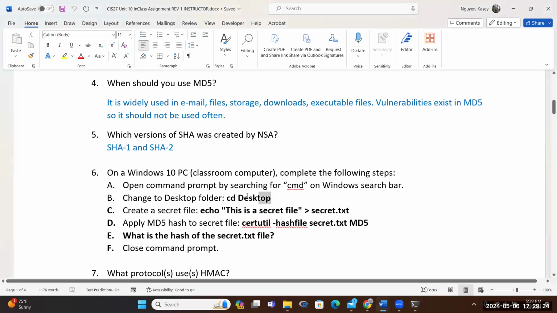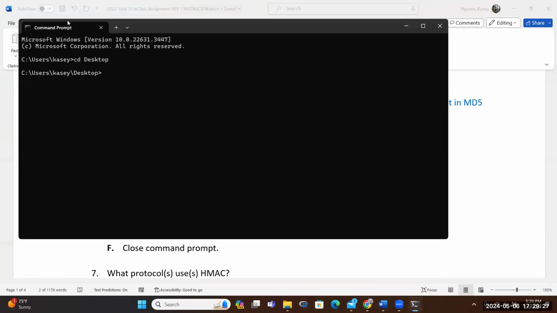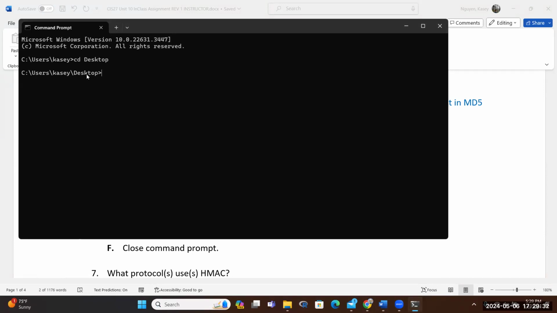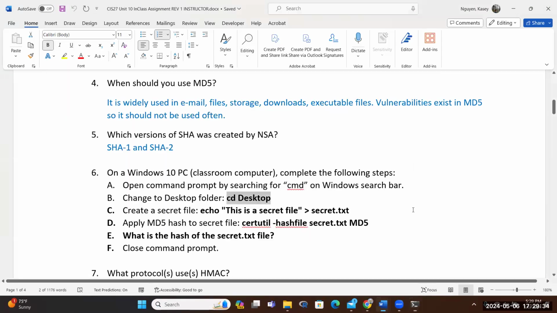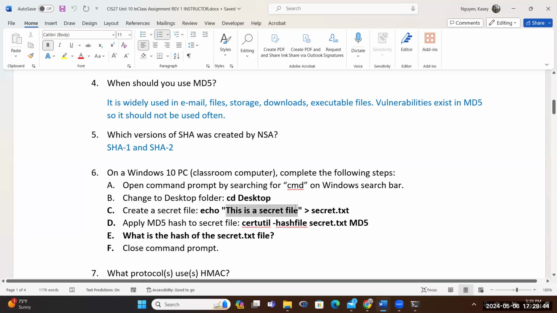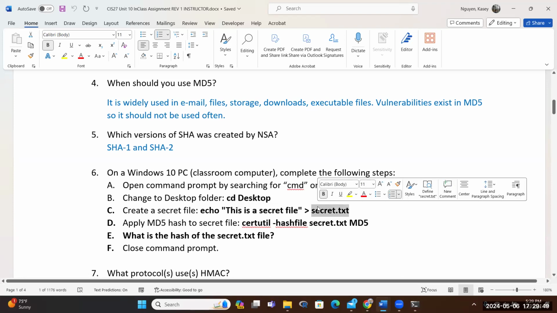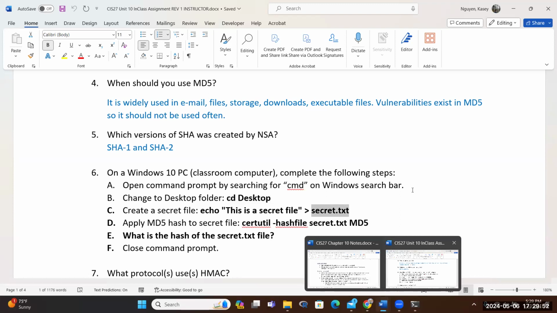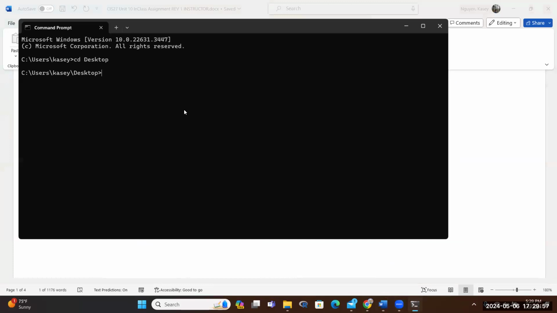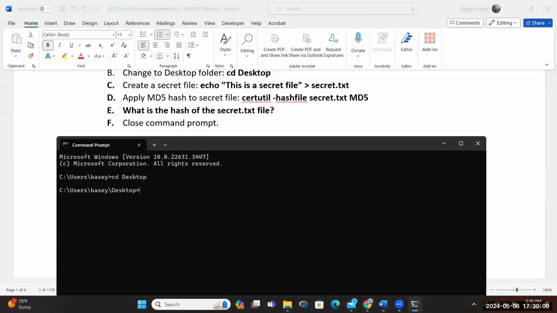Once I'm on my desktop, and you can see that, that's important, right? We want to check our path right here. It should say desktop before we start the next command. When you're doing an echo, it's going to append all the text in the string, in the quotation marks, to a file destination. So we're going to do an echo command.